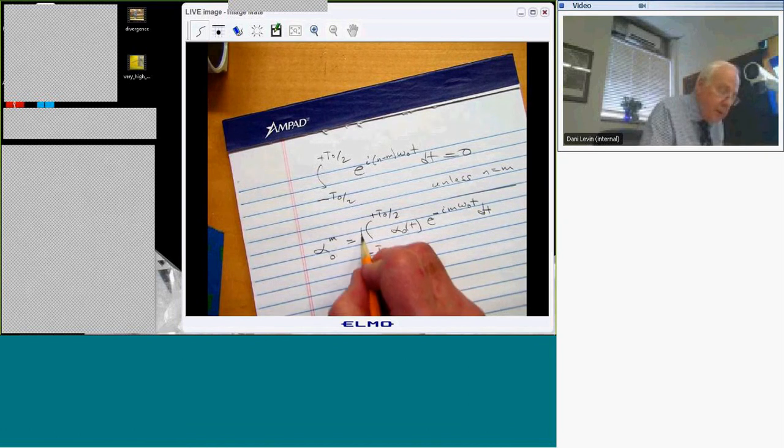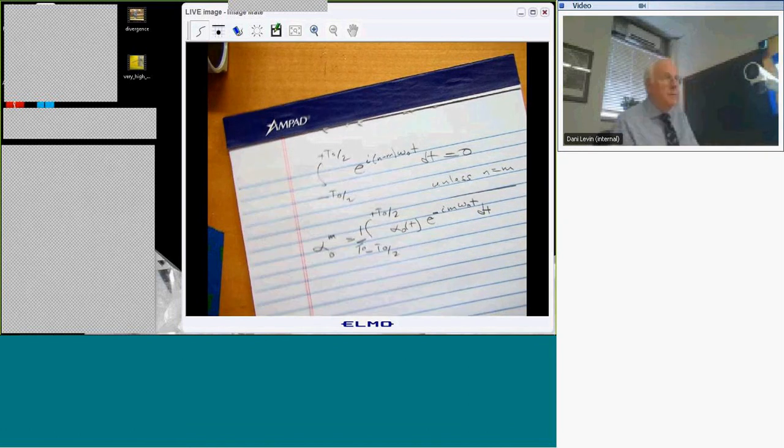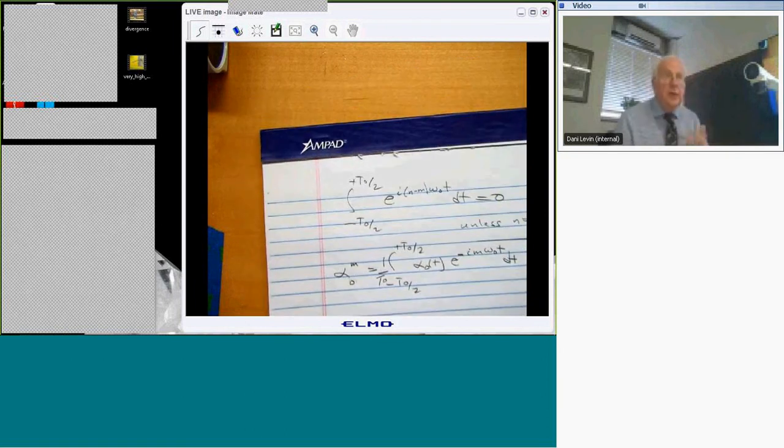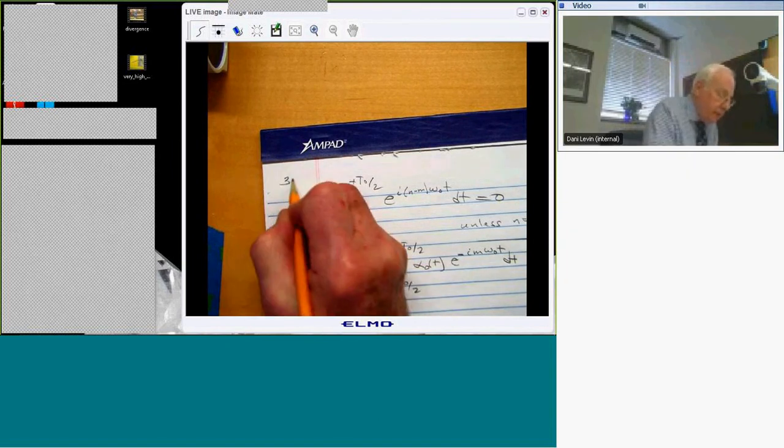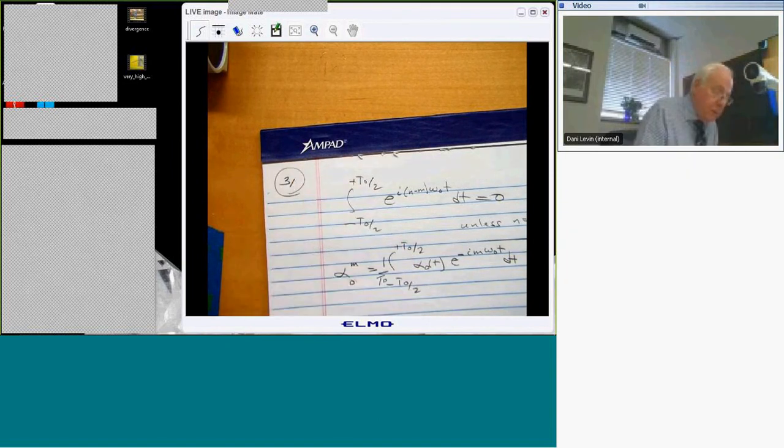Right? So I just extracted the coefficients of the Fourier series. Okay, so let me call this what? I guess that's equation 9.